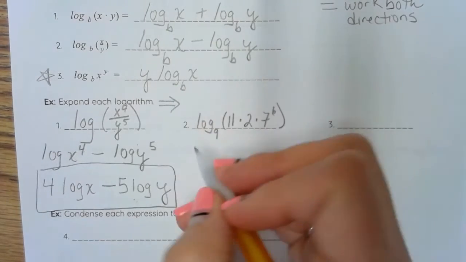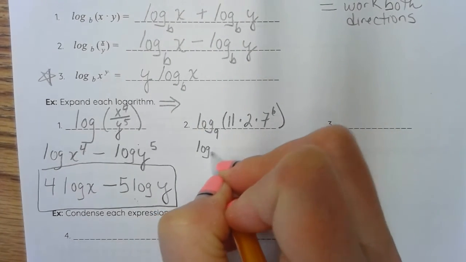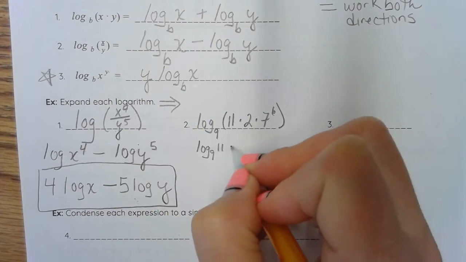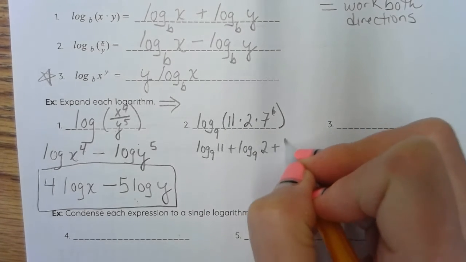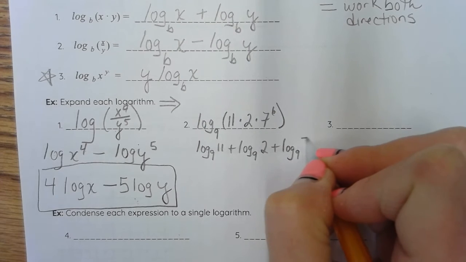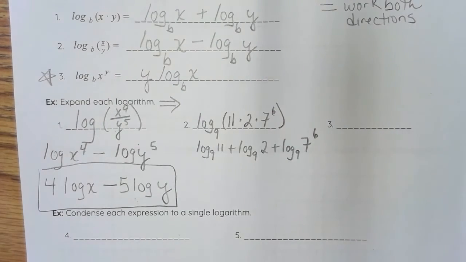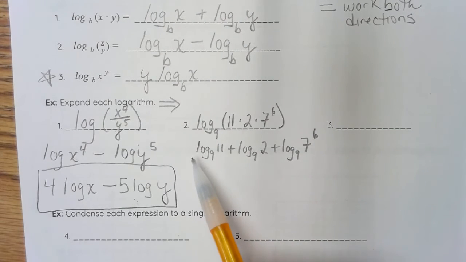If we apply that product rule, we get log base 9 of 11 plus log base 9 of 2 plus log base 9 of 7 to the 6th. So that lets us take that single log and break it apart. Before I box that in as my final answer, I always check, when I'm asked to expand, if there are any exponents.